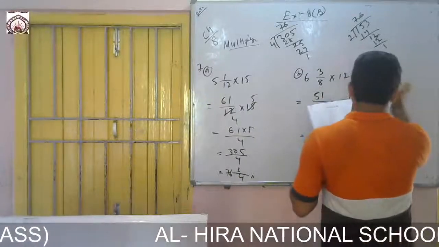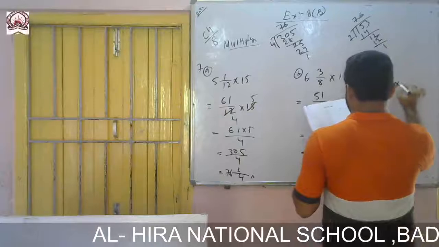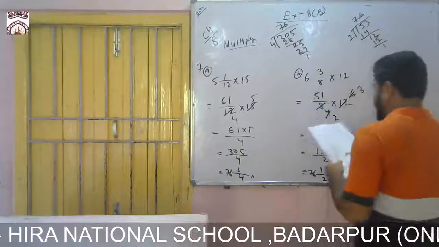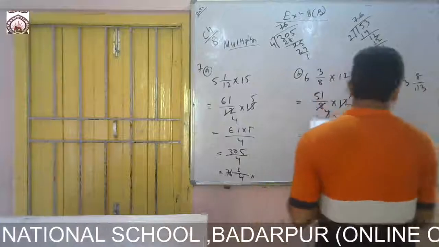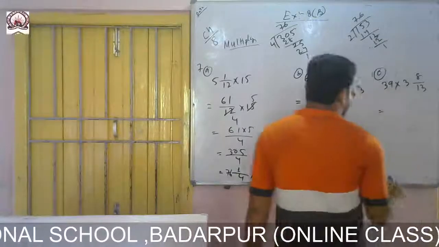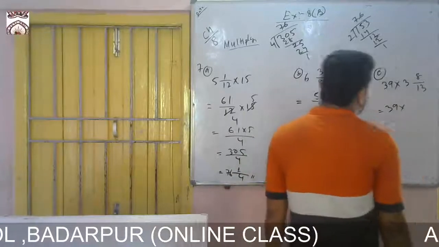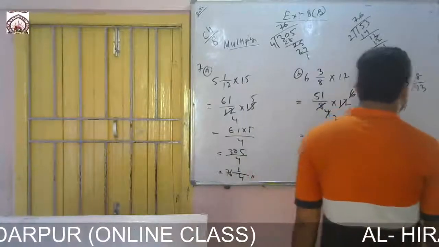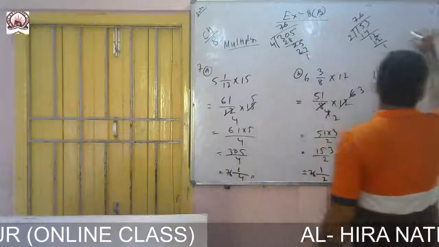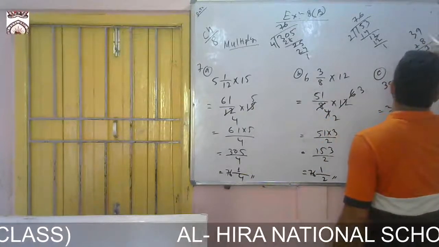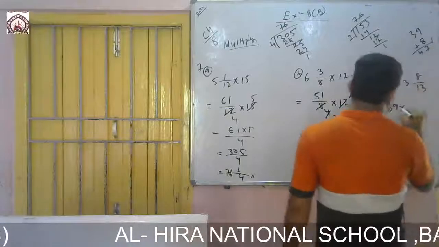What is there? 39 into 3 8 by 13. It will be what? 39 into 13. 13 3 jar 39 plus 8, 47.